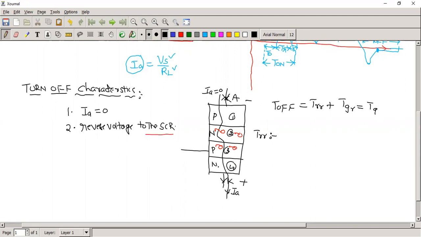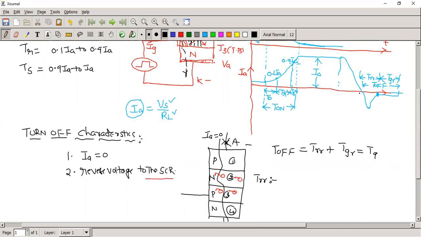That's why, if you observe this current waveform, even though the anode current is zero, the current goes to a negative value with the same slope. Next, it decreases fast. So in this interval, the charge carriers in the outer two layers are removed.